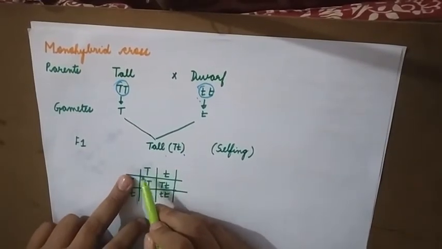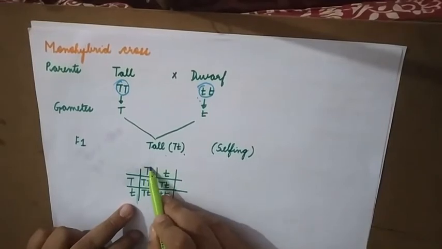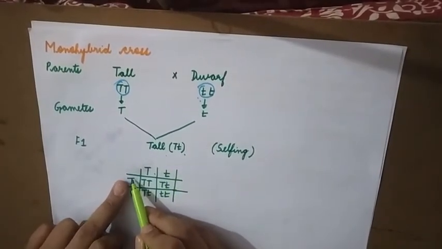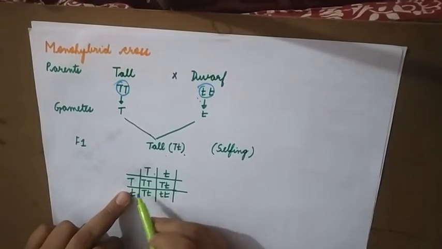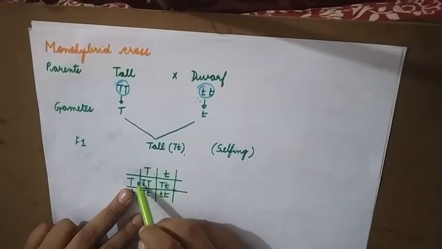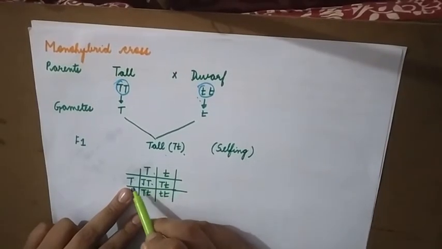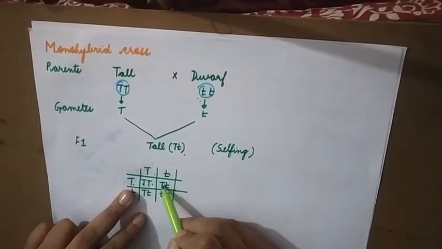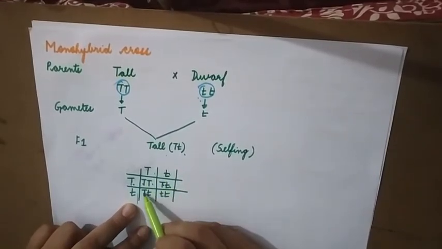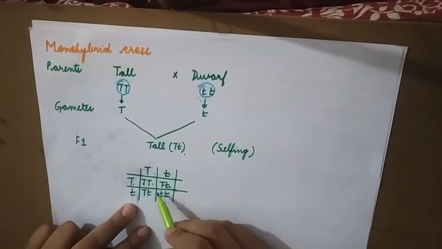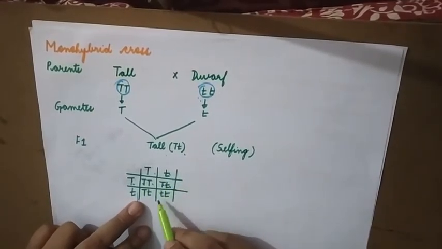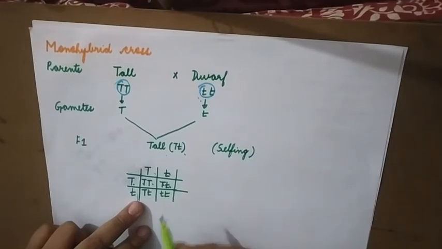We write T and beside it small t, again T and small t. Then the possible combinations are T into T, T; T into small t, T and small t; capital T and small t; and small t into small t gives both small t.